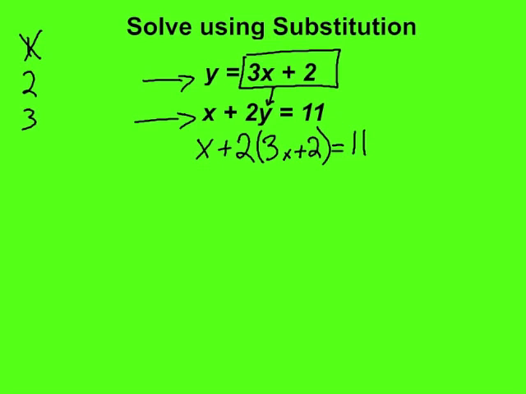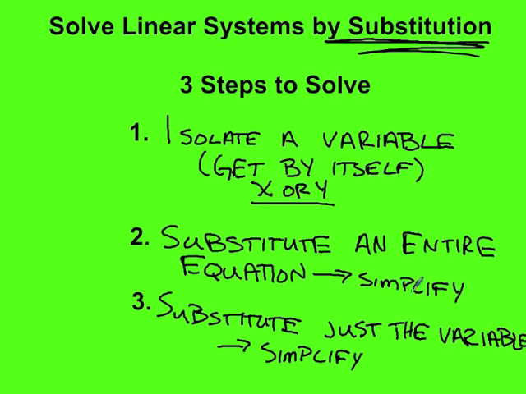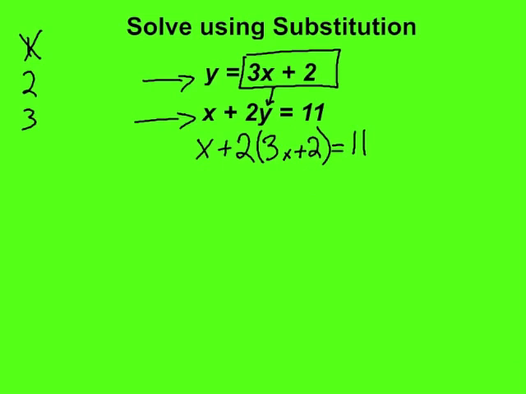But if we look back to our steps, we also need to simplify. So now I'm going to simplify this equation and get x by itself. So I get x plus, to get rid of these parentheses, what I'm going to need to do is the distributive property. So I'll take 2 times 3x, 6x, plus 2 times 2 is 4, equals 11.